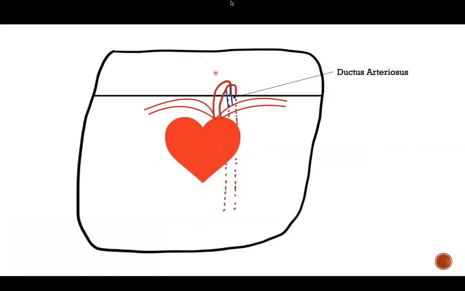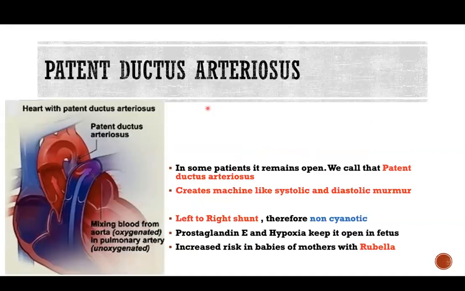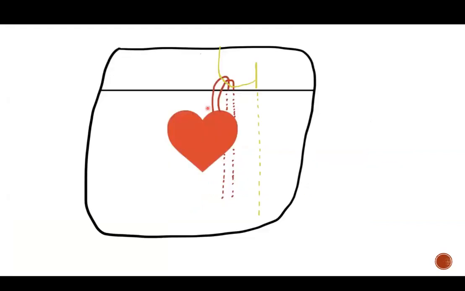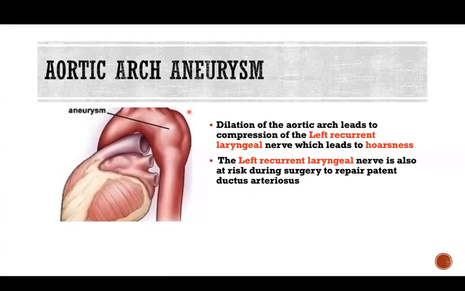Sometimes when we want to do a surgery on the ductus arteriosus to close it, we may damage the left recurrent laryngeal nerve by mistake. So they may give you a clinical case where a baby had a patent ductus arteriosus and suddenly wasn't able to speak, and they'll ask you which nerve got damaged, and you should know that it's the left recurrent laryngeal nerve.